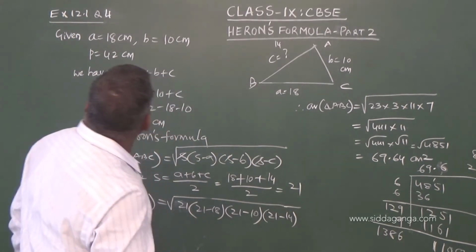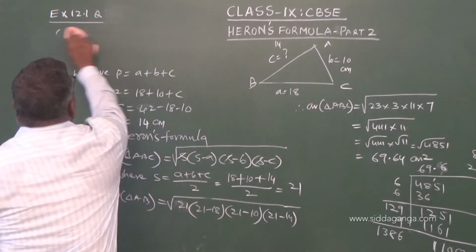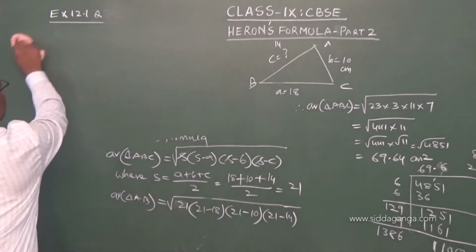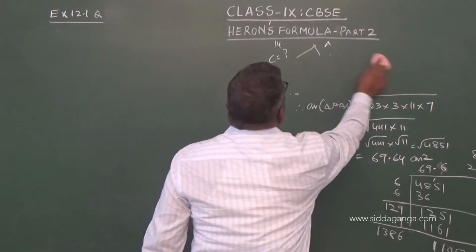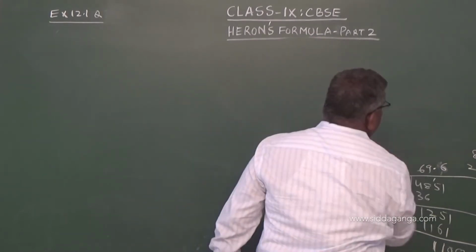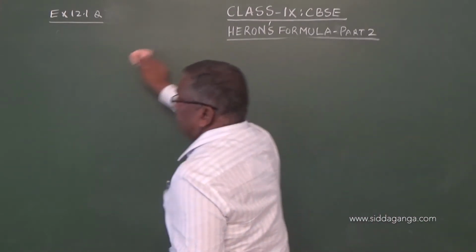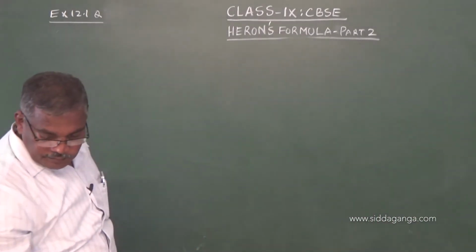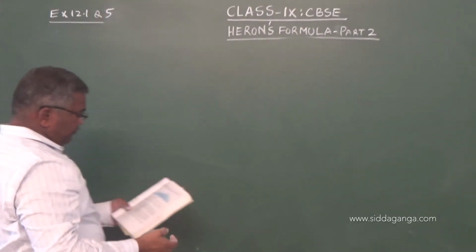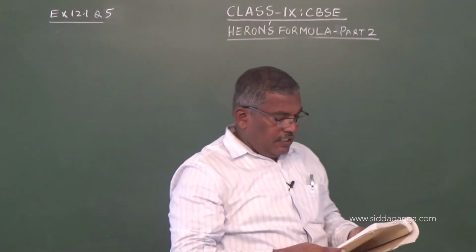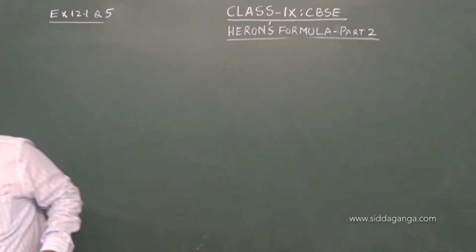Now I will proceed with the fifth one. The sides of a triangle are in the ratio 12 is to 17 is to 25.